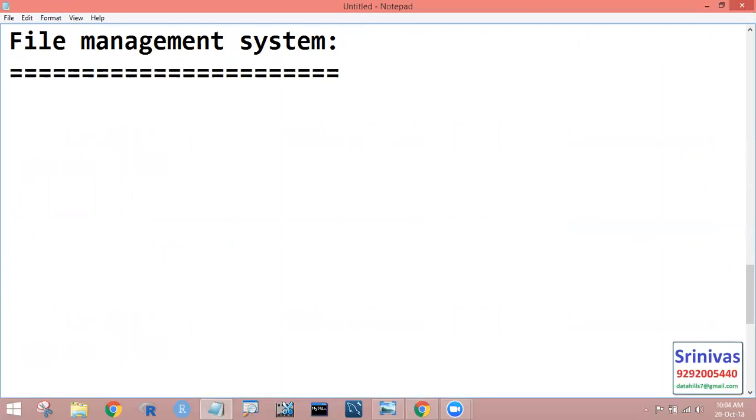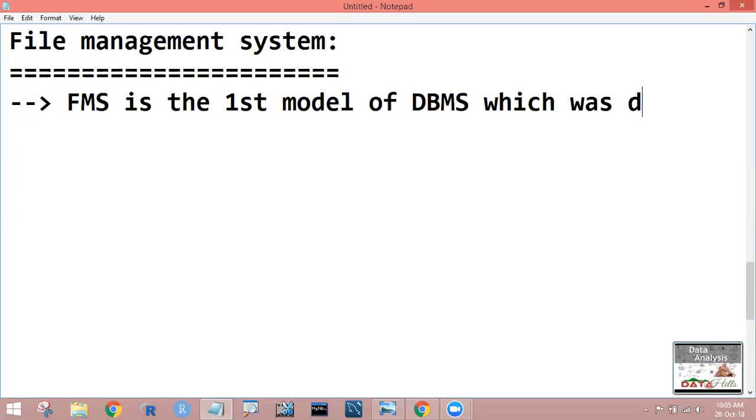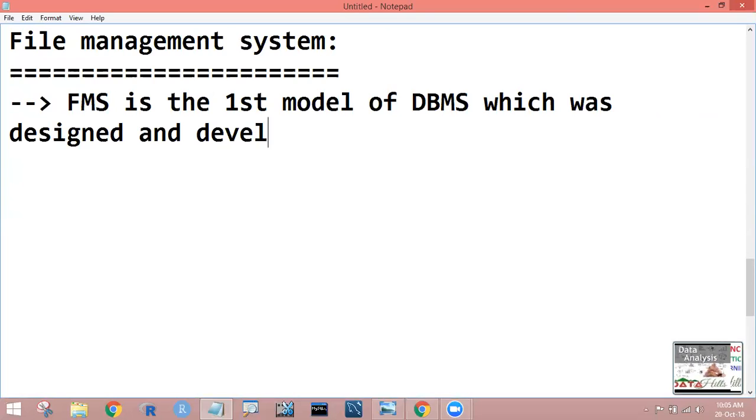See, this file management system is the first model of the database management system, which was designed and developed in the 1950s.